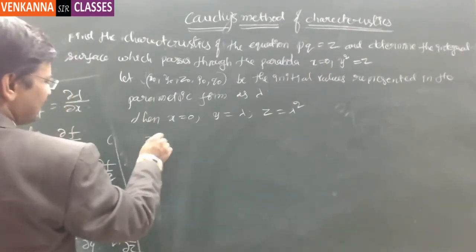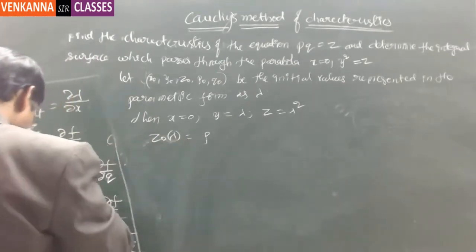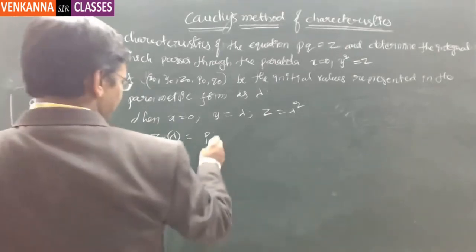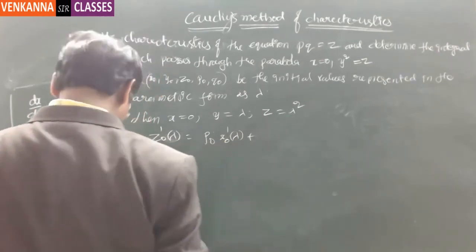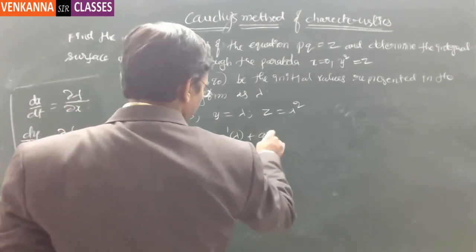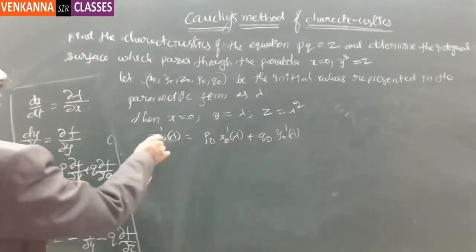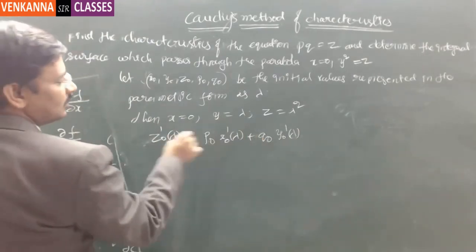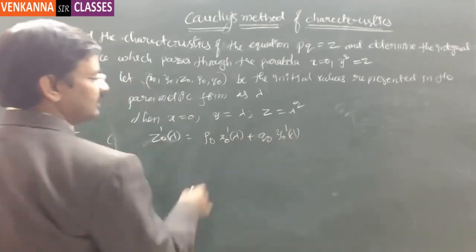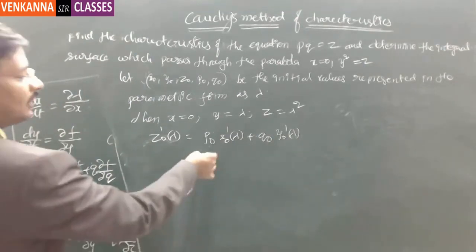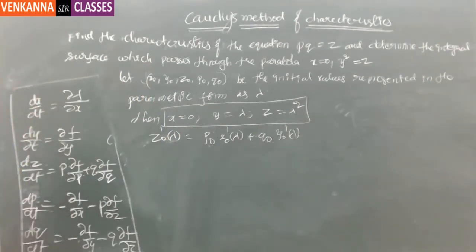So z naught can be expressed as z naught of lambda is equal to p naught into x naught dash of lambda plus q naught into y naught dash of lambda. So this is actually the derivative, z being a function of x comma y: dou z by dou x into x naught dash and dou z by dou y into y naught dash. This is at the initial condition. Here the p naught and q naught values we have to solve in the parametric form. The x, y and z values are given in the parametric form.